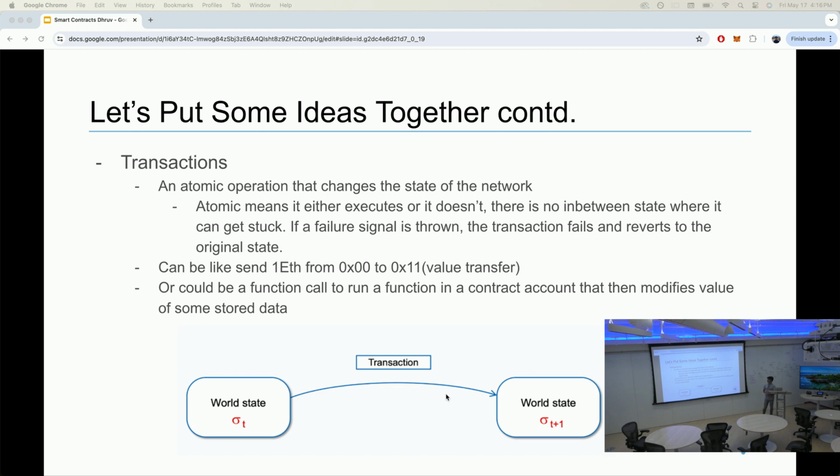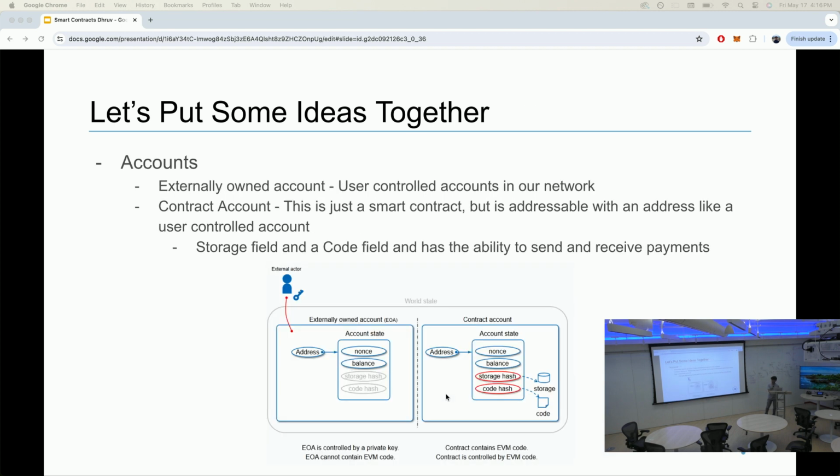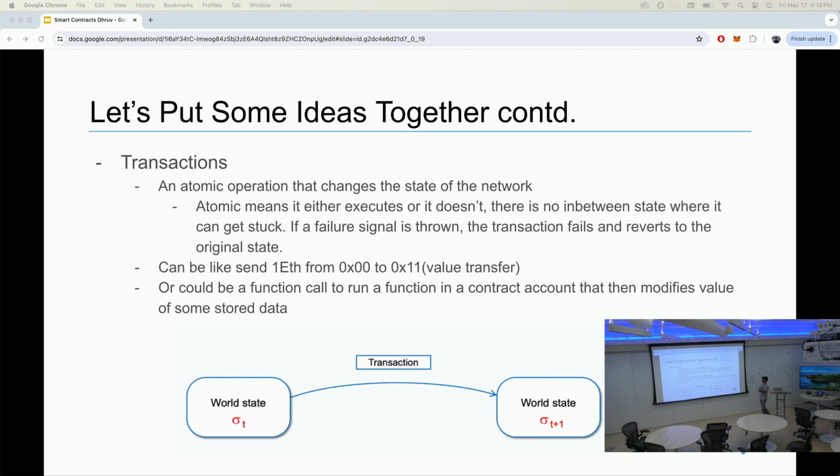So if you run a function that modifies some value, some stored data, so from the previous slide, you modify some value that's in that storage, then that's also a transaction. So simply, if you look at this picture, all a transaction is doing is changing the state of this entire system, progressing it forward.